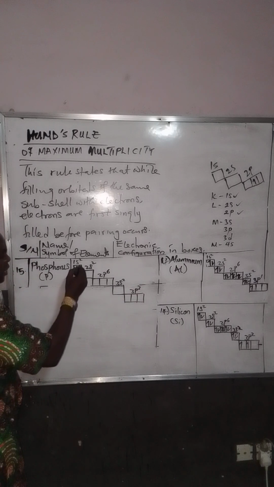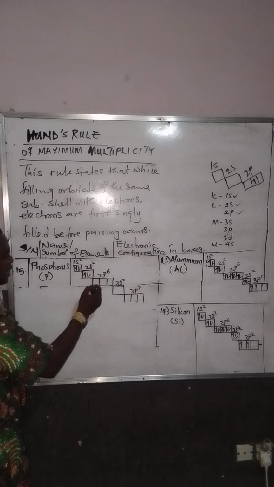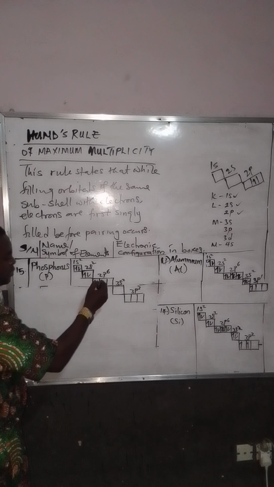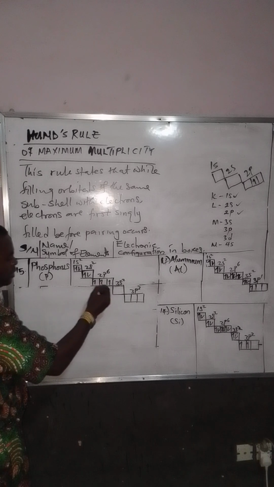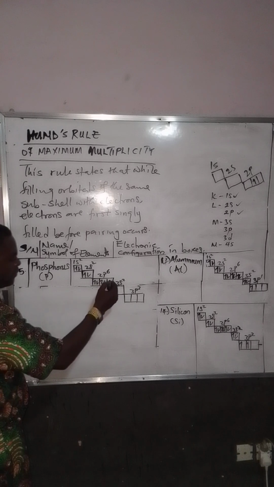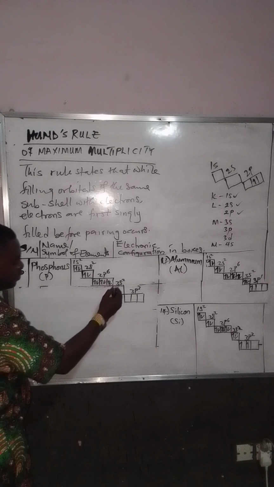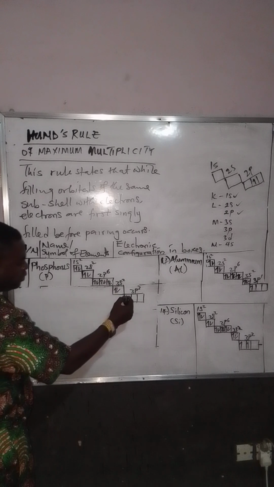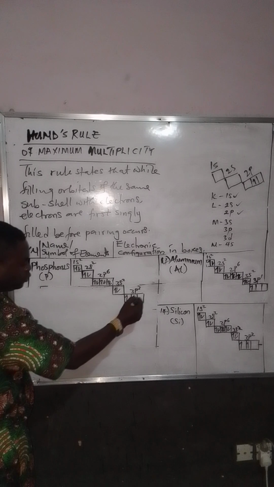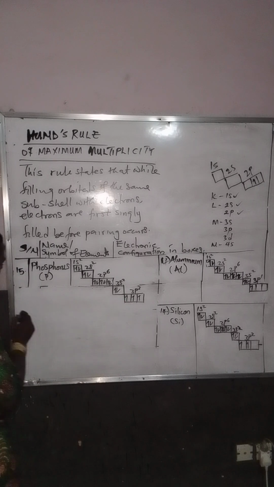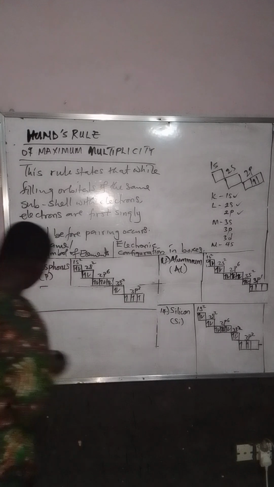So we have 1 electron, 1 up and down. 6, 1, 2, 3, 4, 5, 6. Fill singly before pairing. 1, 2. Here also 1, 2, 3. Fill singly first before you start pairing.